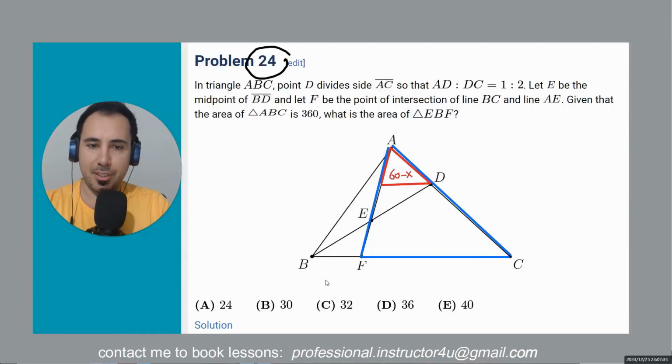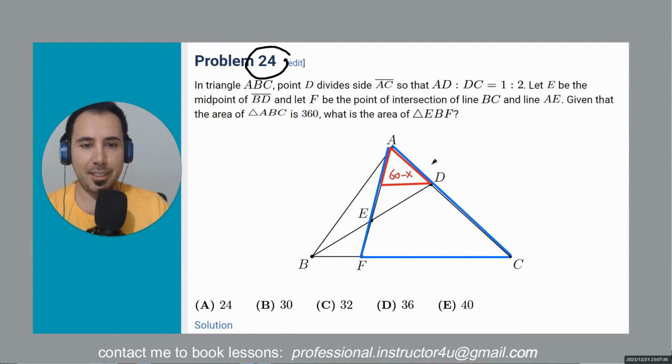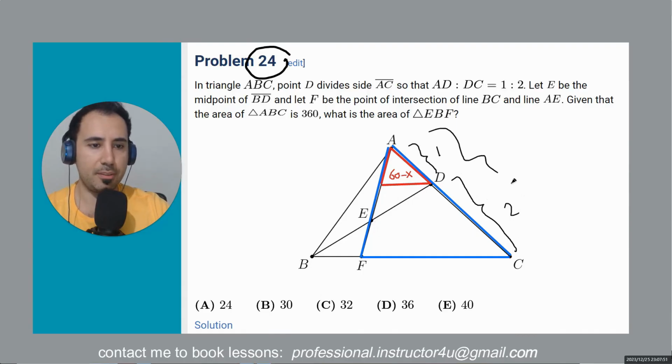To remove the distractions and clean everything else, we have the red triangle, 60 minus x. This ratio over here is 1, so this is 2. This red one and the blue one, the ratio of their sides is 1 to 3.